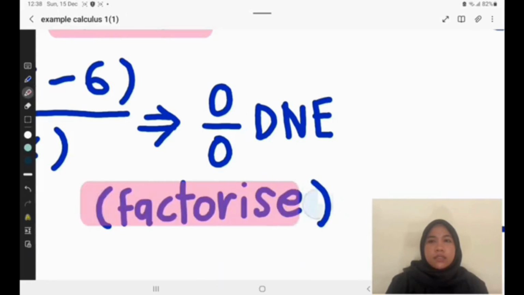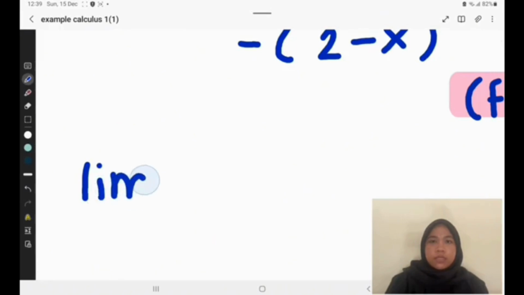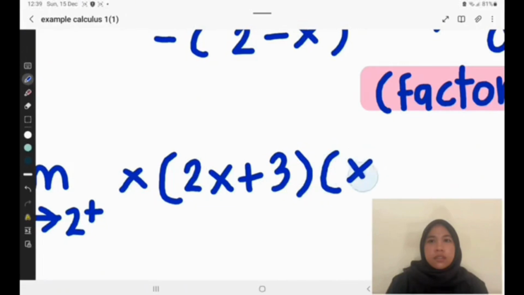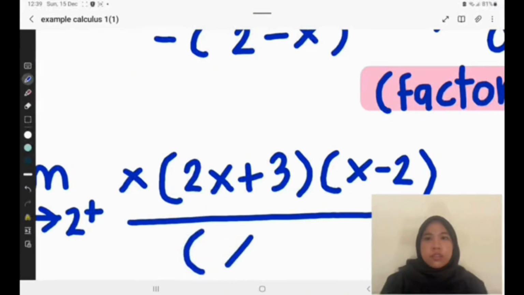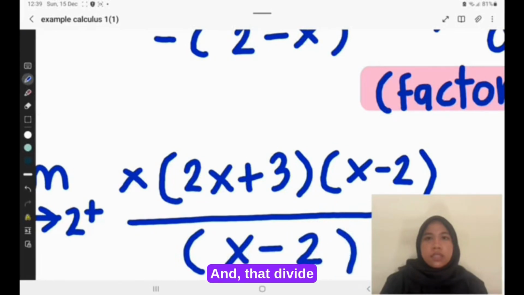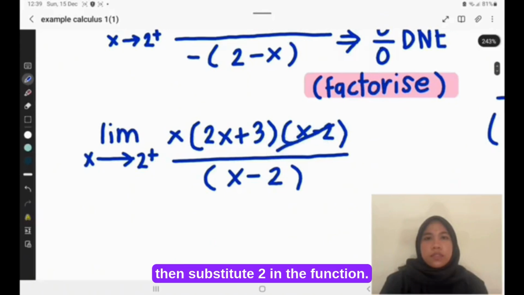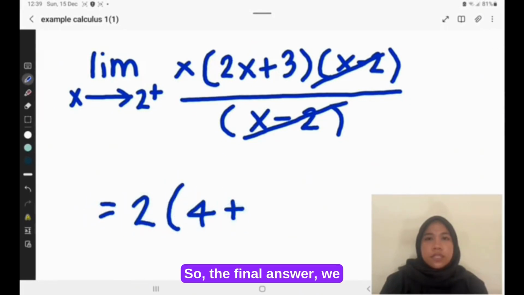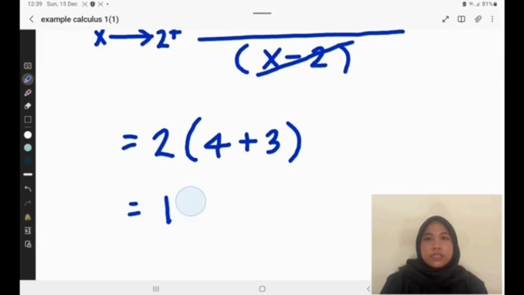So we factorize, cancel the same factor, then substitute 2 in the function. So the final answer we will get is 14.